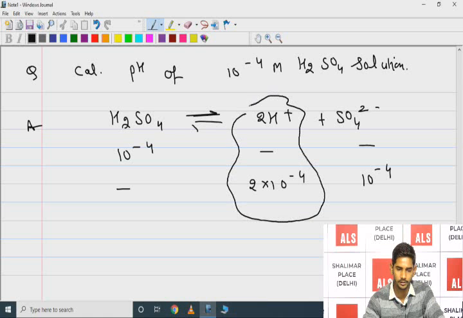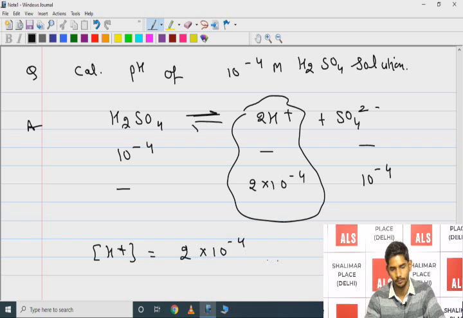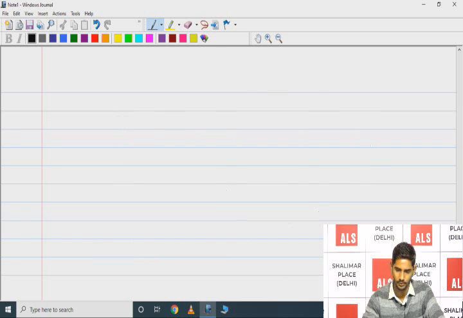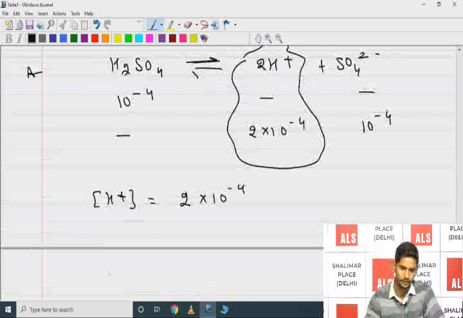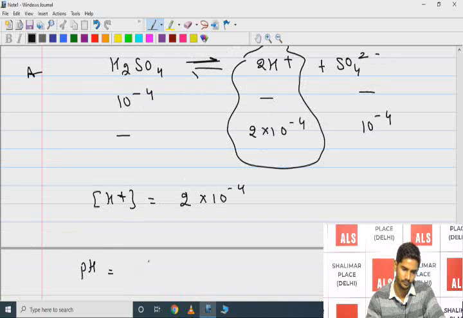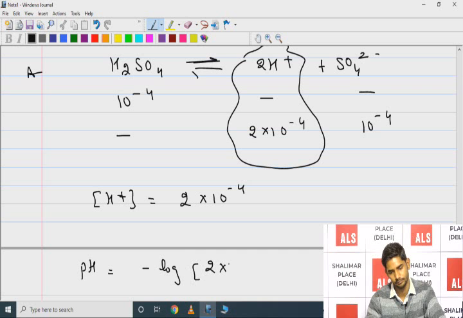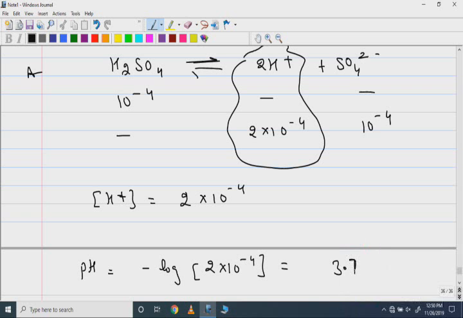Again, I have to just focus on the H plus ions. So the concentration of H plus ions is nothing but 2 into 10 to the power minus 4. So calculate pH. On solving, you will get 3.7. Clear?